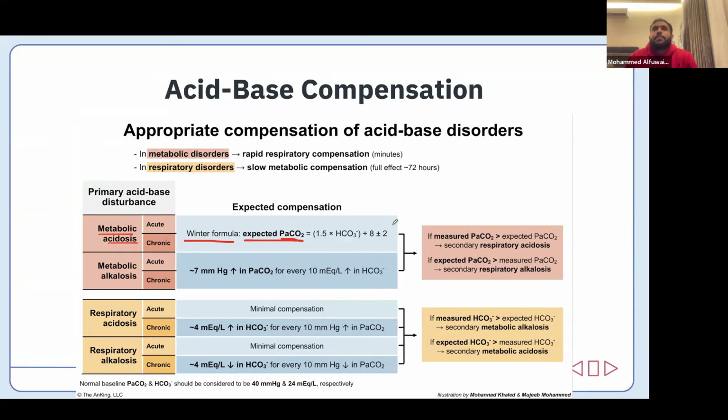I'll give you another example. In a patient with diabetic ketoacidosis, what do you expect their acid-base disorder to be? Metabolic acidosis. Good. Perfect.